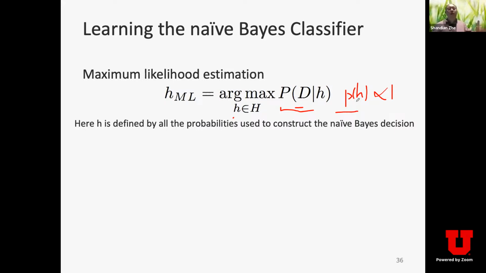You only model that, given a particular model h, that means given a particular collection of those probabilities, what is the probability you observe this whole data set? You want to find out among this big hypothesis space, which particular collection of the probabilities will give the largest data probability. Does it make sense?